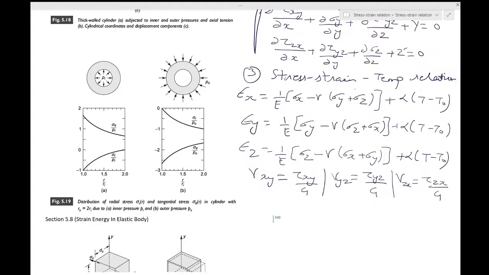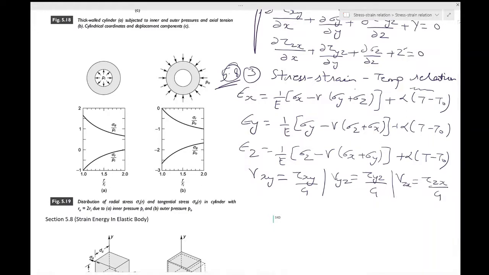So this is equation 5.8. 5.8, if ever referred to, is the relationship between stress and strain, including thermal effects. So if there's no change in temperature happening, you would automatically see that this term would be 0, so the thermal strains would be 0.